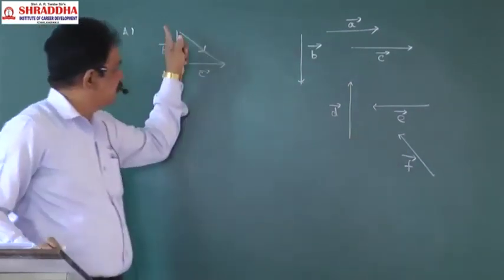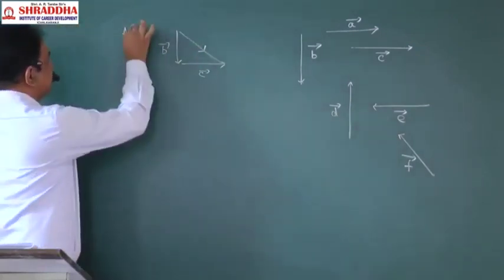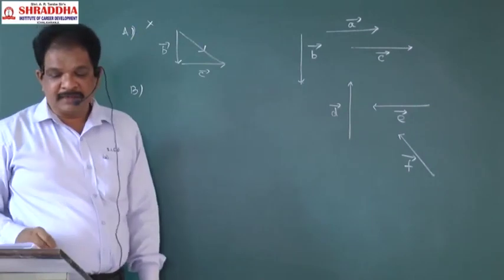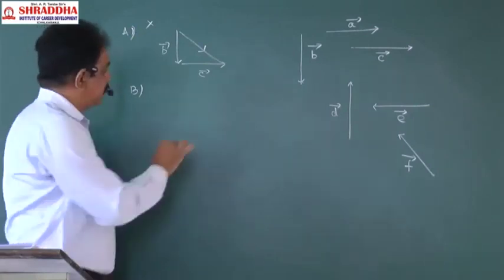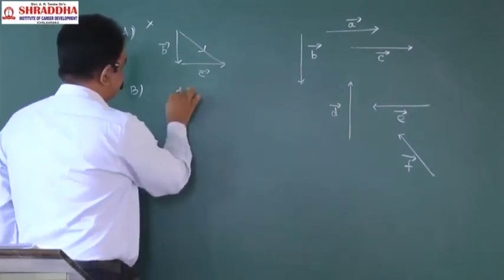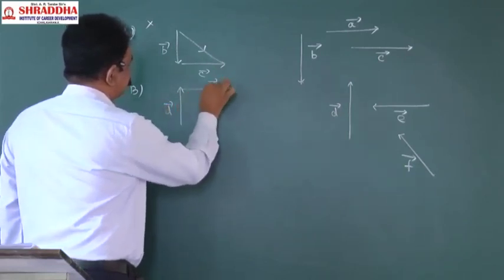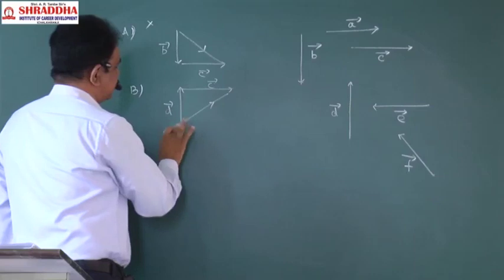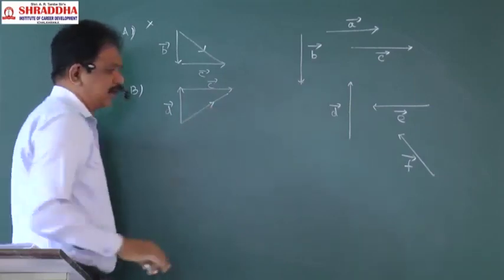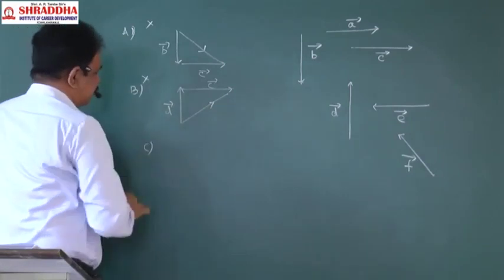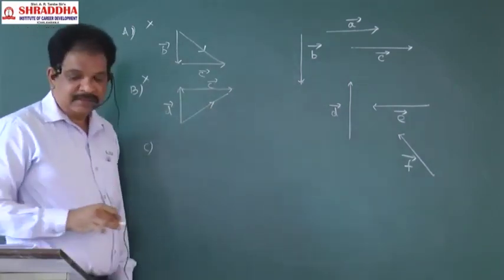F bar is in this direction, wrong. Second statement, D bar plus C bar will be like this. This is not F bar. So second also wrong.